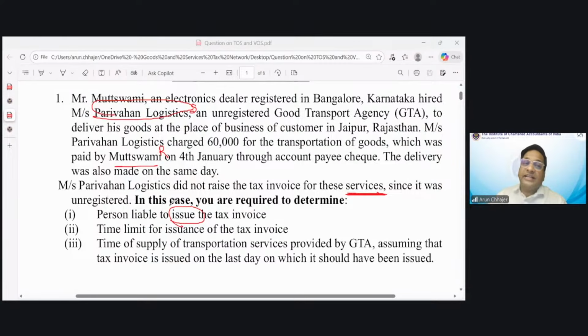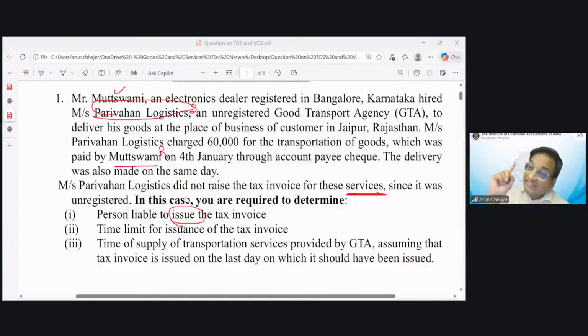Why is Muthuswamy required to issue the tax invoice? I have explained already in the class. Absolutely correct, because it is unregistered. You cannot say it for the recipient.